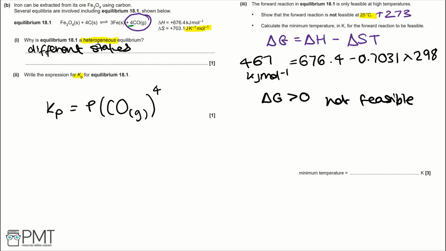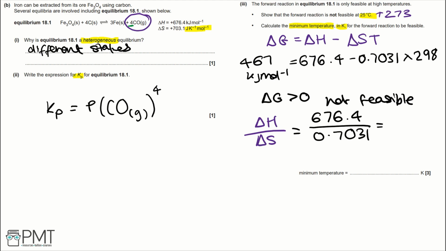To work out minimum temperature in Kelvin can be calculated by taking delta H and dividing it by delta S. So that would equal 676.4 divided by 0.7031, which gives us 962 Kelvin.